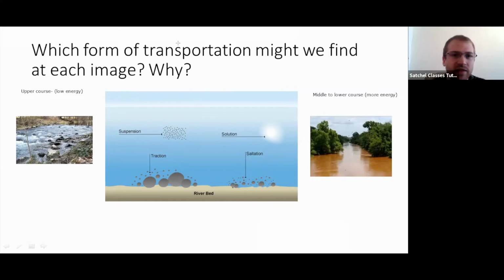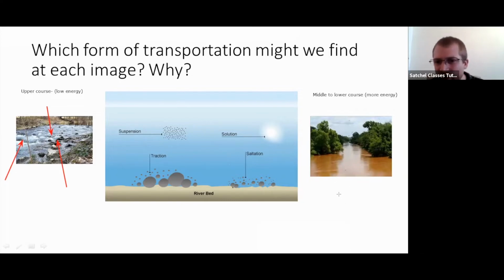So what are the key things that we can see in these pictures? First of all, we can see white water, so we know that there's not much energy. We know that the water is going to be very shallow, but we can see some large sediment there. Okay, it looks like the water is clear. It's difficult to see, but we can assume that the water might be clear.